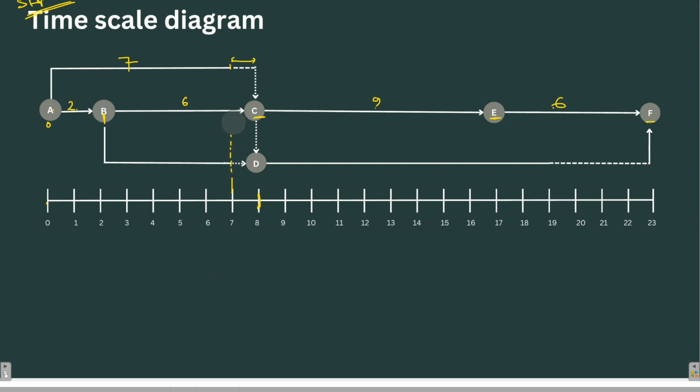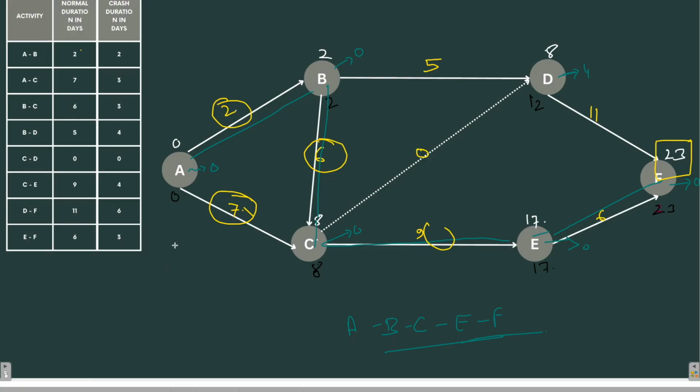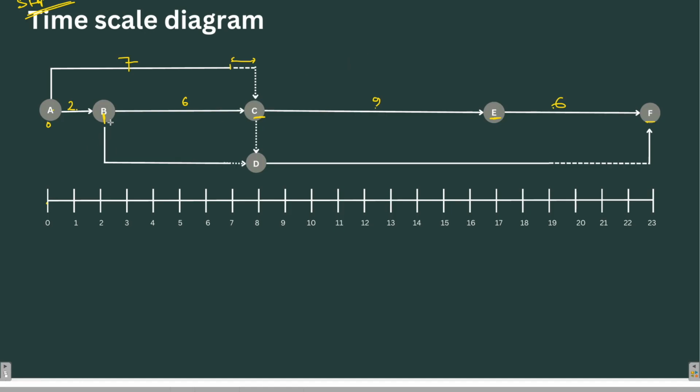Now similarly, look here from B to D. BD is how much? BD is 5 days. After 2 days, we have to add 5 days to it. So from B to D, it should be 5 more days. If I go from 2 plus 5, I should get 7.